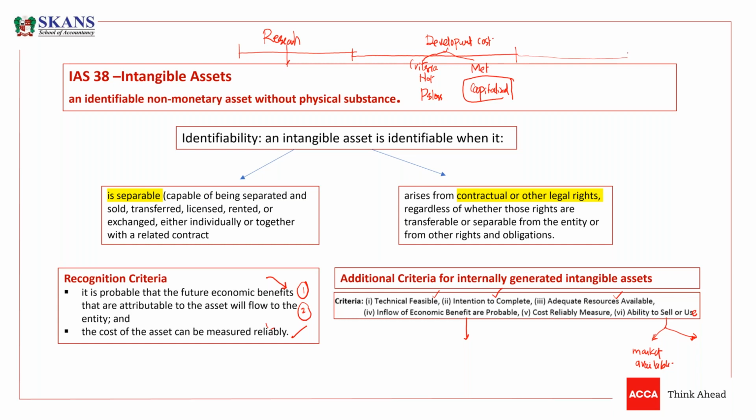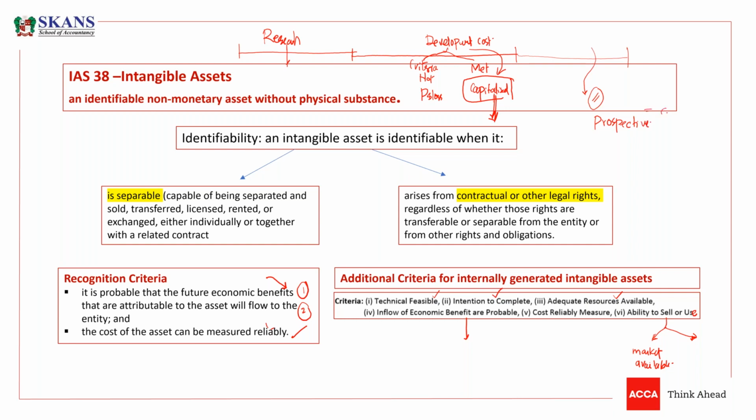Now, guys, here the accountant said that the criteria is met, so you capitalize this asset. Now here, you came to know that the criteria is not met. What to do? It should be a prospective treatment. No retrospective adjustment required.